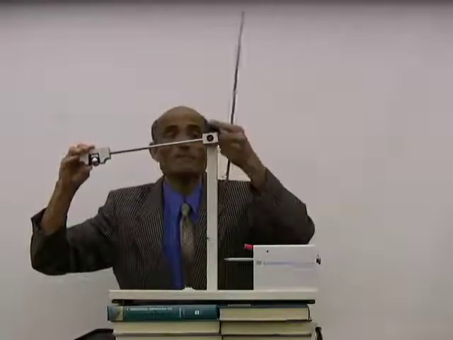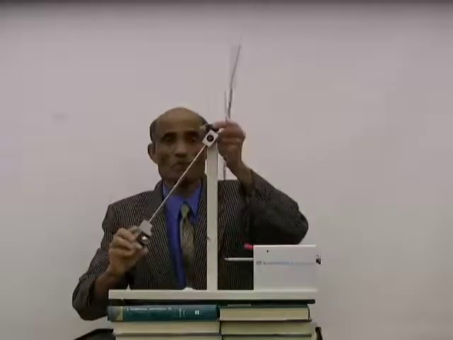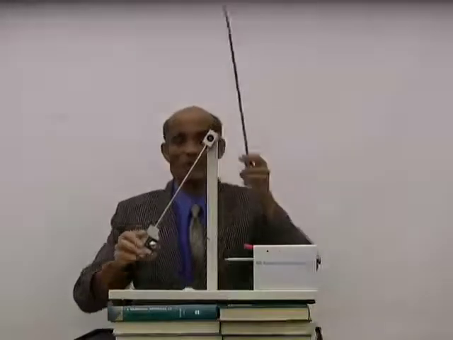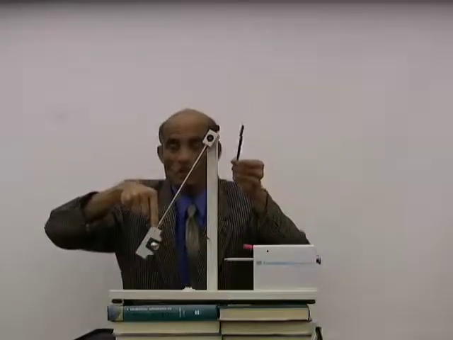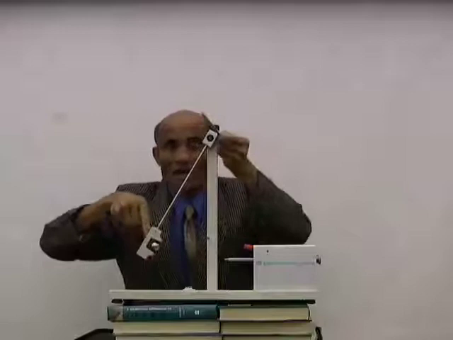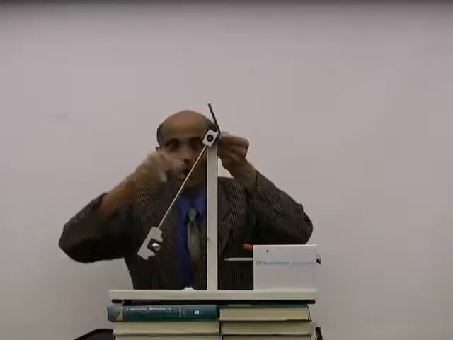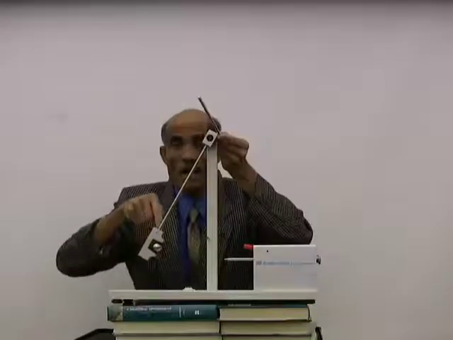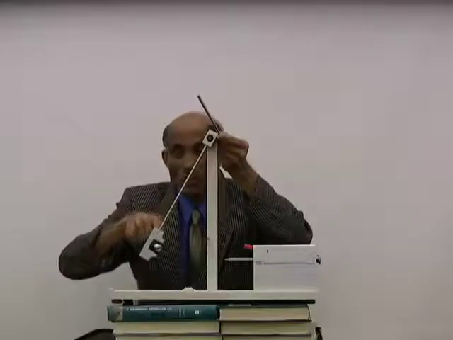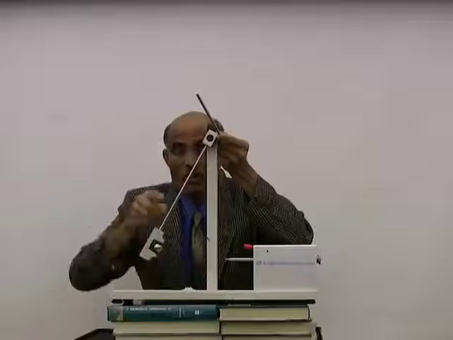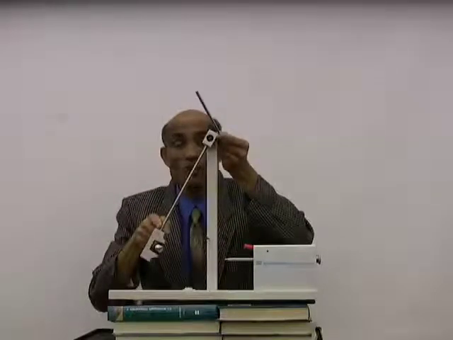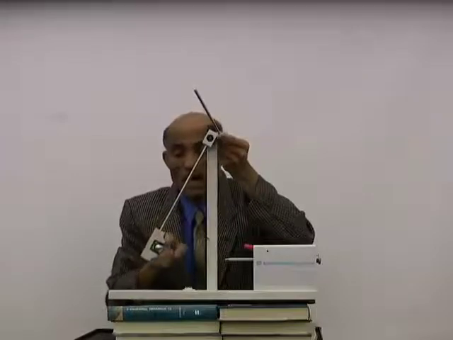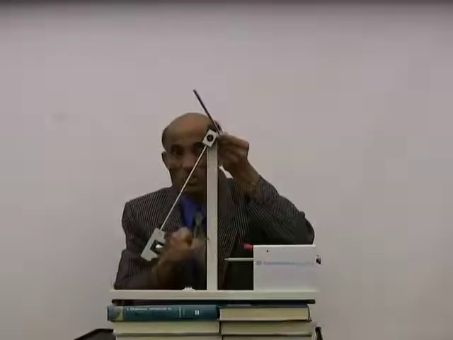All right, now tell me, if I have the object in this position and I'm applying a force downward and rotating the object about this axis, what is my torque arm now? The force is vertically downward. Is my torque arm this distance? No. My torque arm now is this distance.